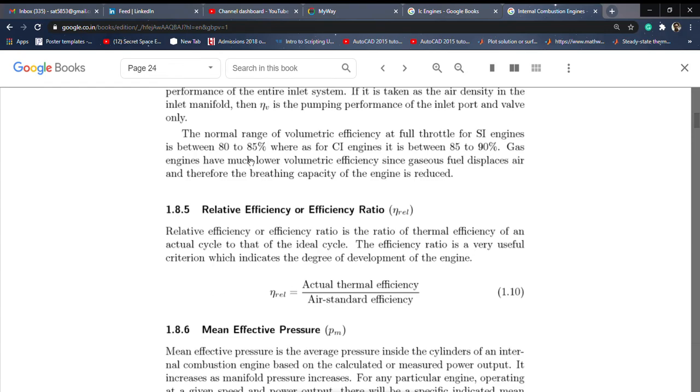So SI engines have lower volumetric efficiency, because along with the air, fuel also comes, so some amount of volume is taken up by the fuel. That is why SI engine volumetric efficiency is less than that of a compression ignition engine. Gas engines have much lower volumetric efficiency since gaseous fuel displaces air, and therefore the breathing capacity of the engine is reduced.